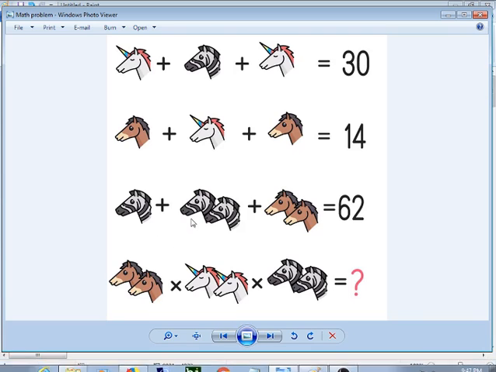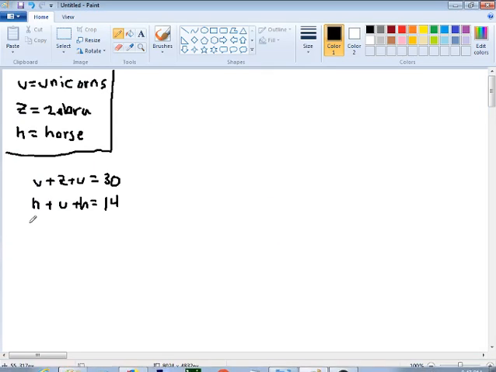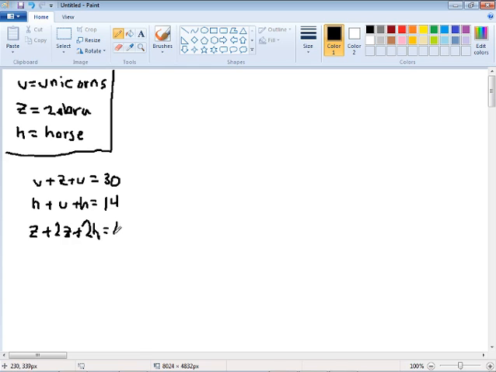The next one is zebra plus 2 zebra plus 2 horse is 62. So I have a zebra plus 2 zebra plus 2 horse, sorry about that, let me make that better, plus 2 horse is equal to 62.